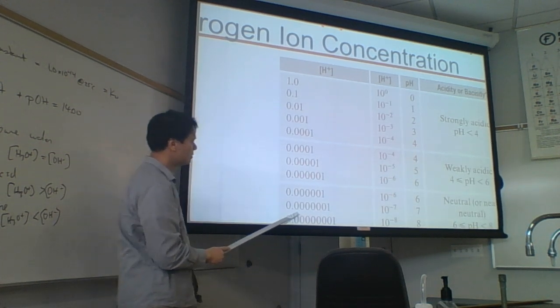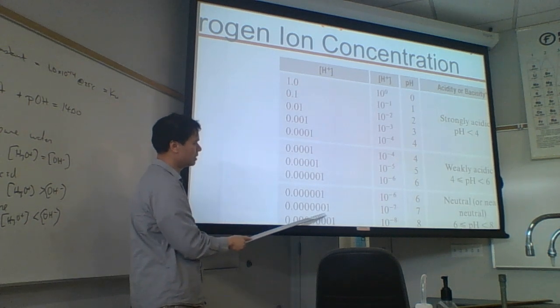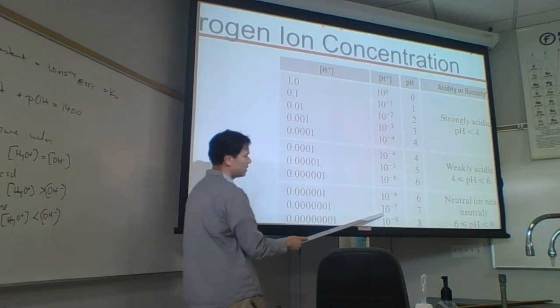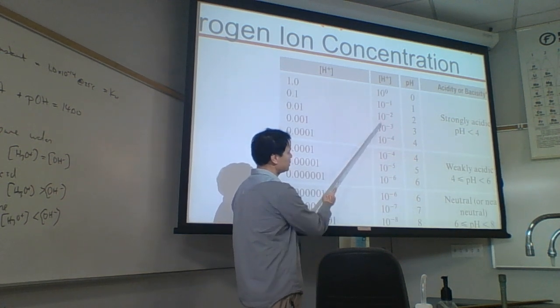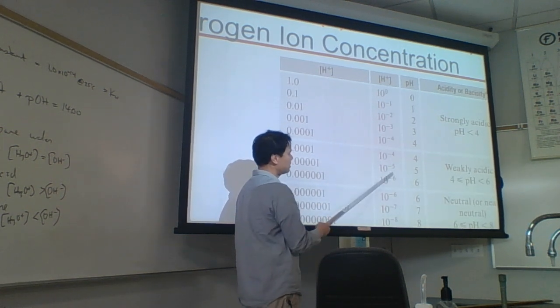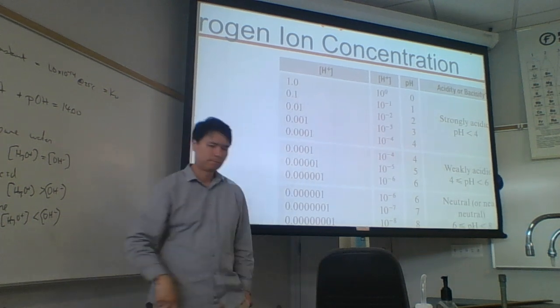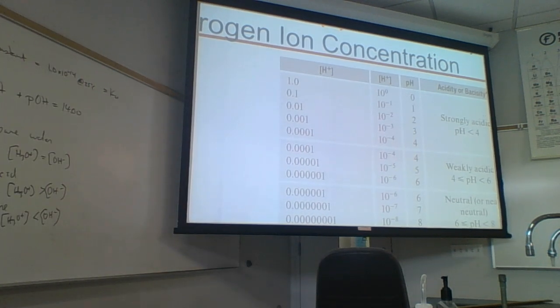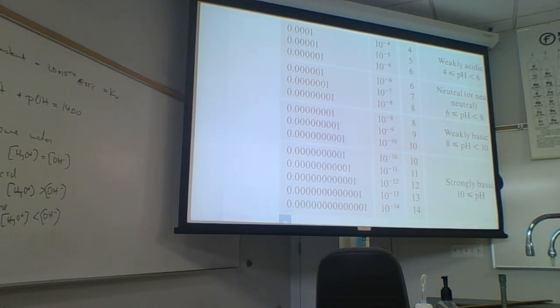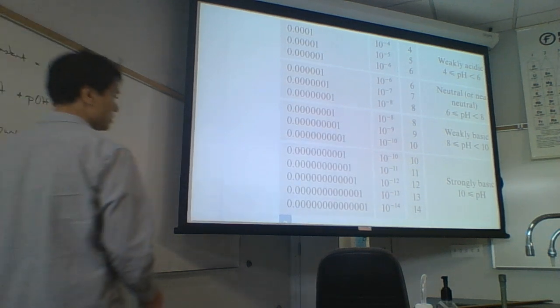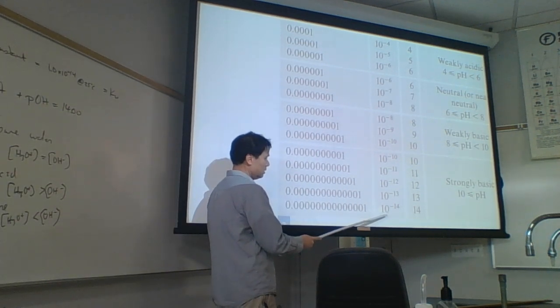When we get down to here, this is 10 to the minus 7 molar H plus, which is pH 7. All these pHs have higher H plus concentration than hydroxide. Once we pass the 7 boundary, all those will have more hydroxide than hydrogen. The most basic solution is here.